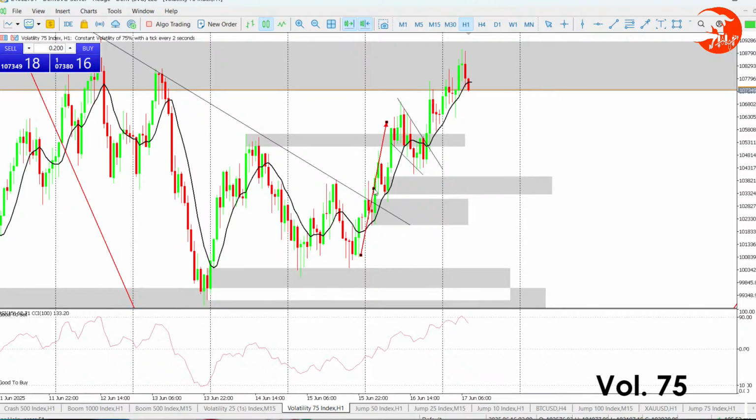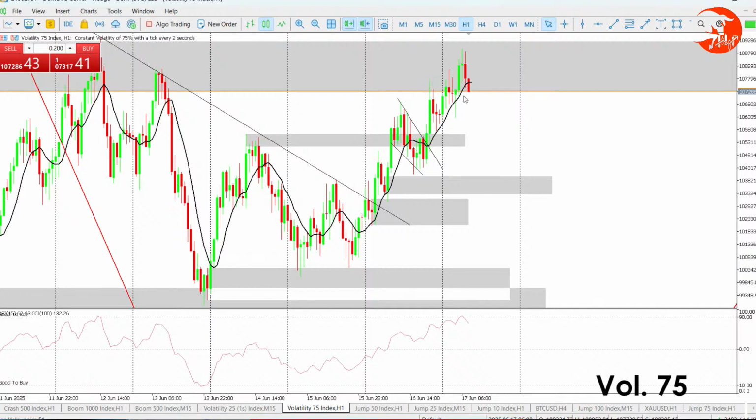This was the second TP from there, and clearly we have hit it right there. This was the first TP right here, and we hit it also right there.